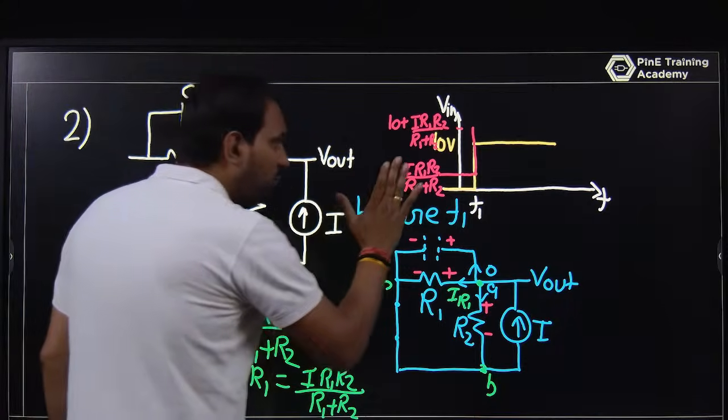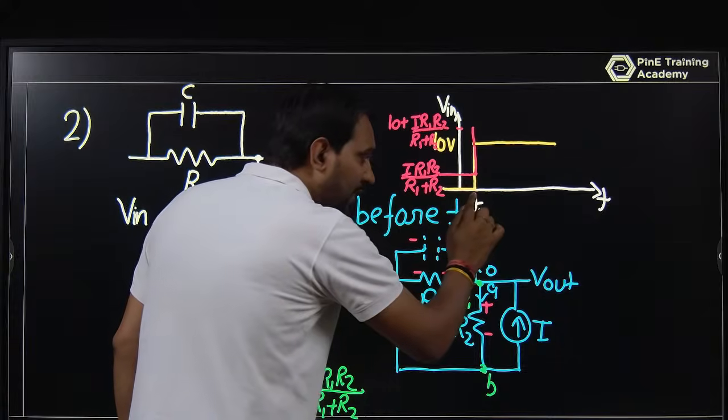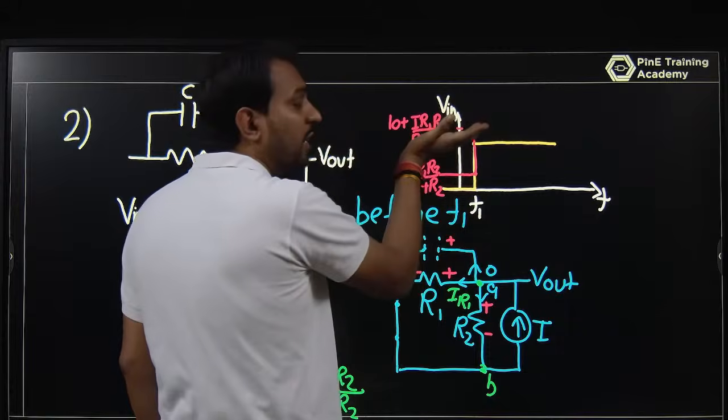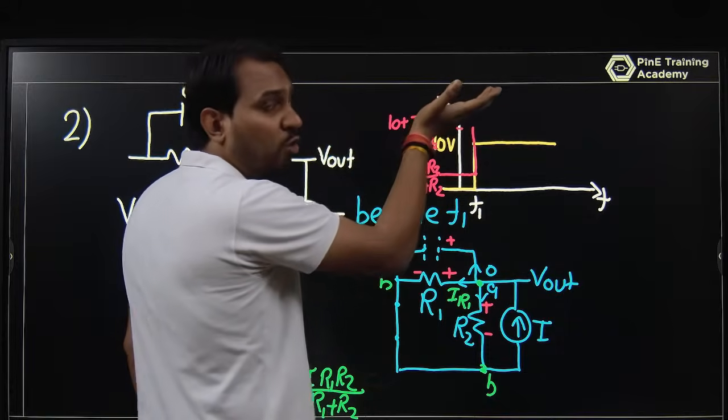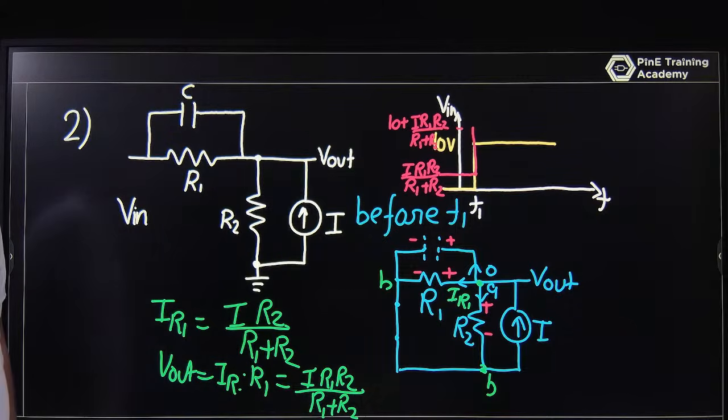Before T1 that voltage is I R1 upon R1 plus R2, but at T1 plus the capacitor voltage remains the same while V out increases by 10 volt. That is the clamping of the 10 volt.